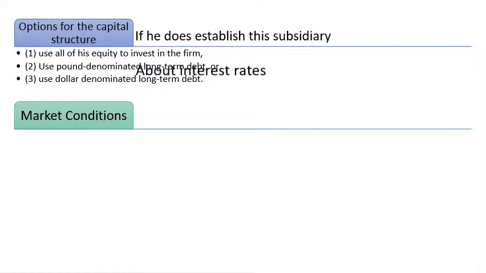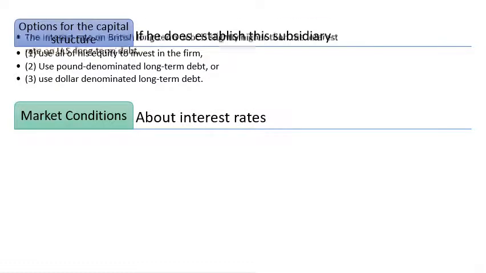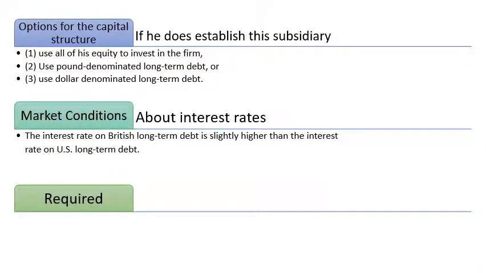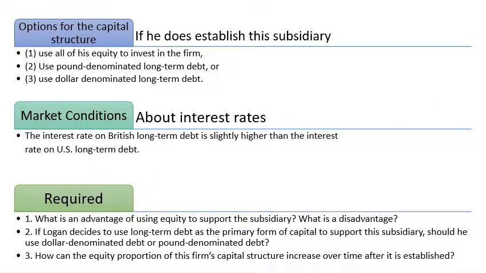If you note the market conditions about interest rates, the interest rate on British long-term debt is slightly higher than the interest rate on US long-term debt. The questions are: what is an advantage of using equity to support this subsidiary, and what is a disadvantage?